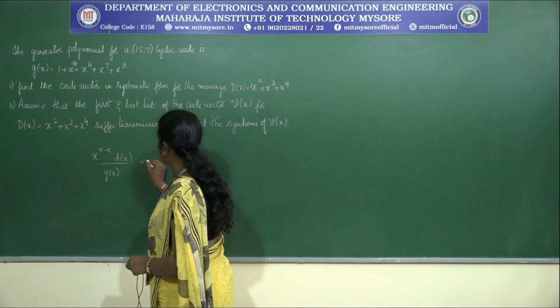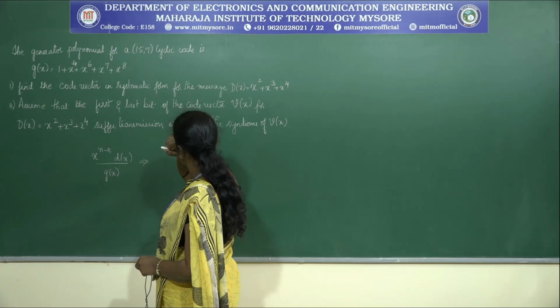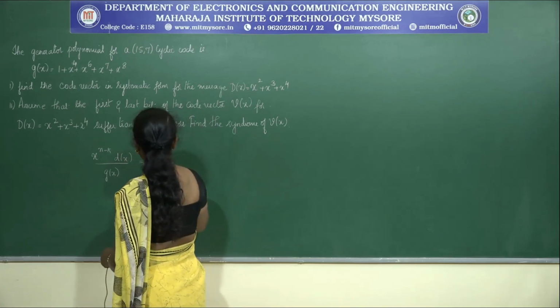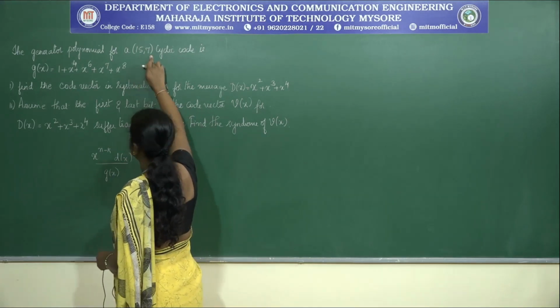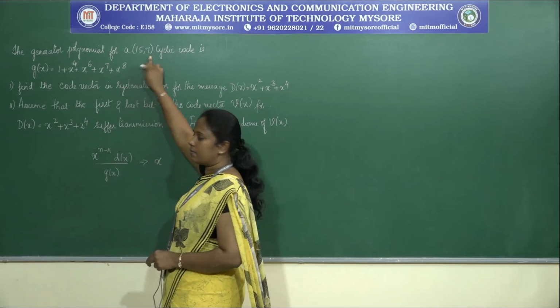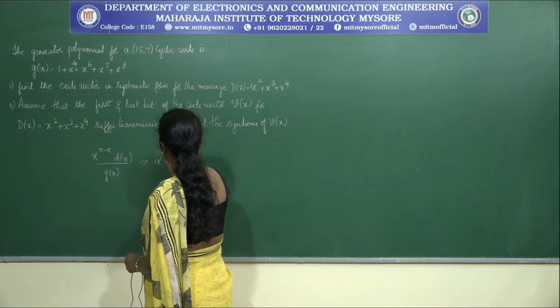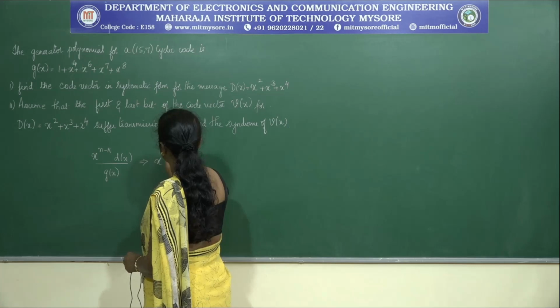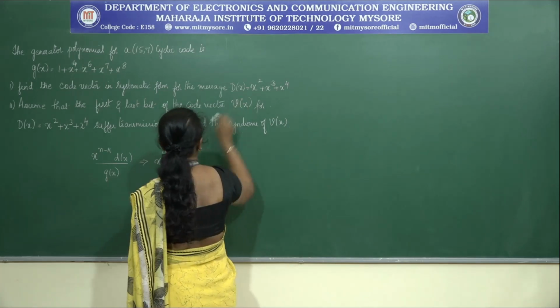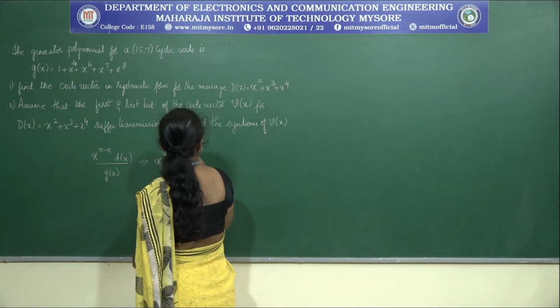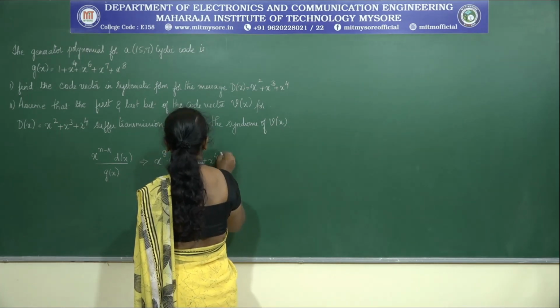So what is your x power n minus k here? It is x to the power of 15 minus 7. So 15 minus 7 means it is x to the power of 8 into your d of x. What is your d of x? x square plus x to the power of 3 plus x to the power of 4.